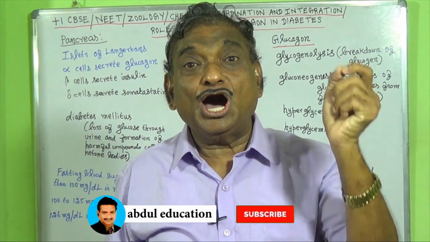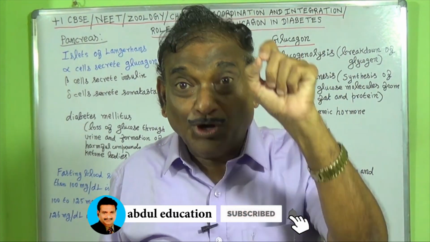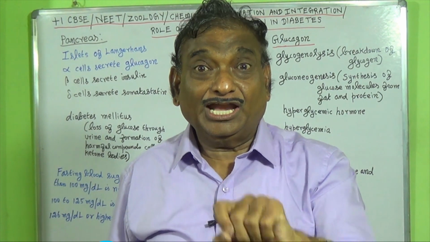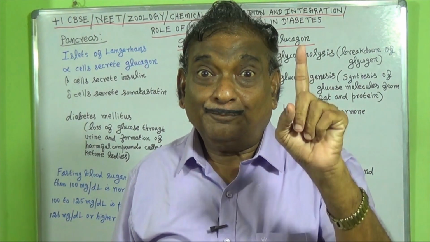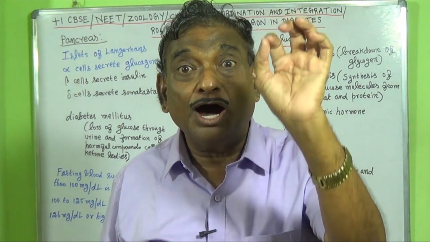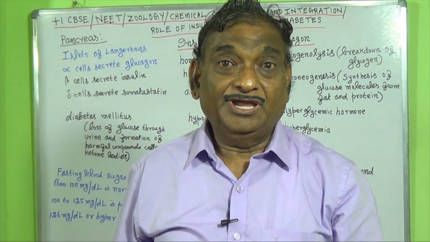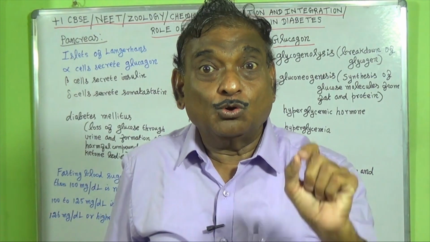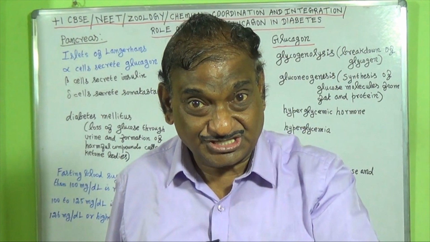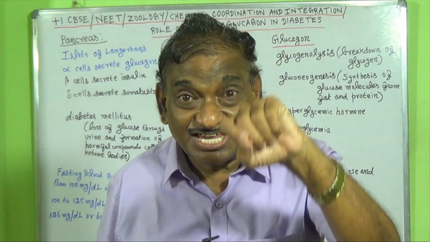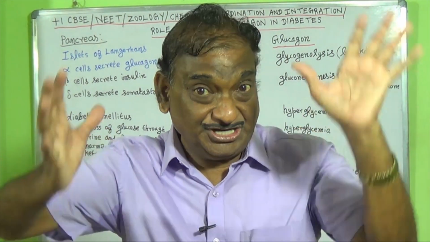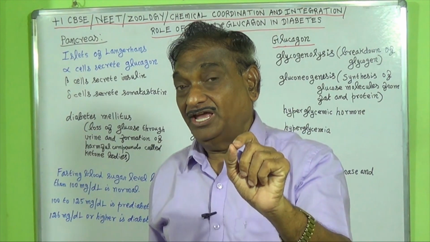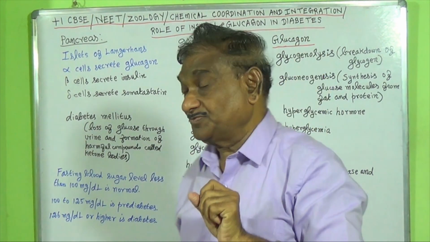In the case of glycogenolysis, glycogen is converted into glucose by the glucagon hormone. In the case of gluconeogenesis, glucose is synthesized from the fats and proteins. Note the difference between these three words.